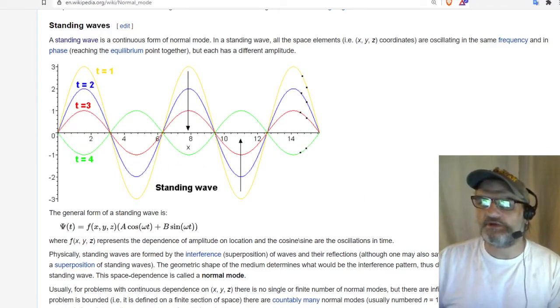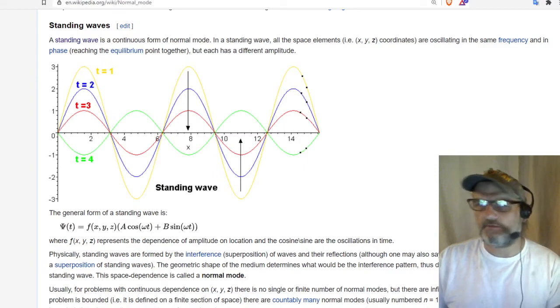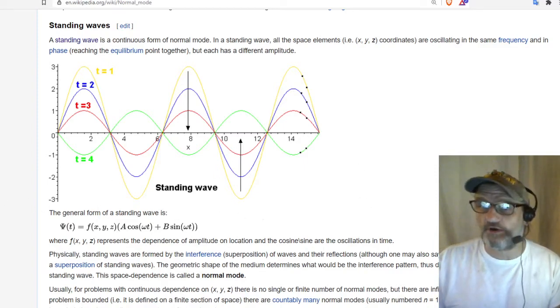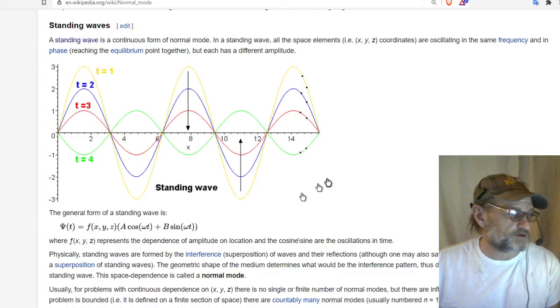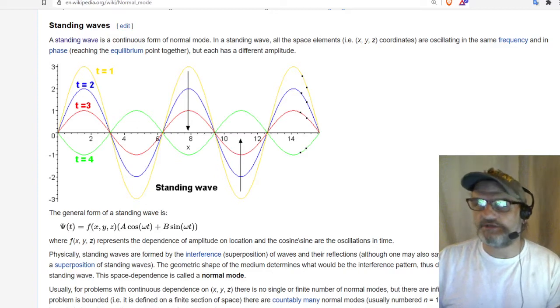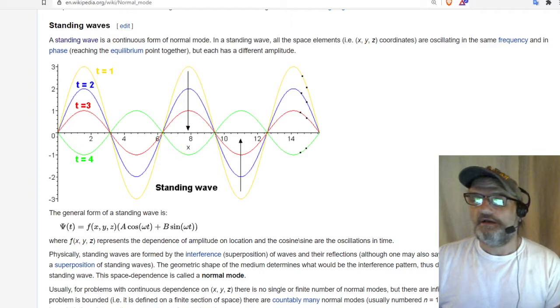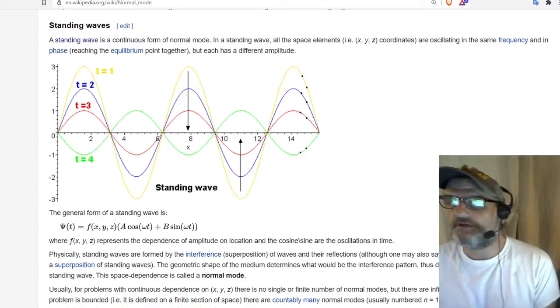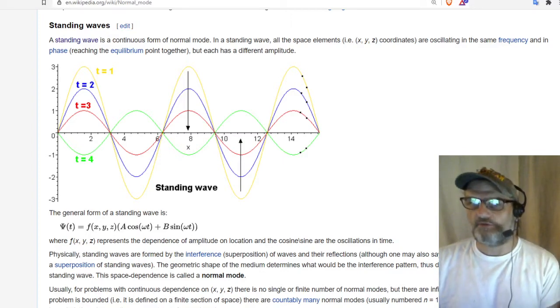So I will read to you what it says from Wikipedia. I think where I got this from is originally this article here. A mode of vibration is characterized by a modal frequency and a mode shape. It is numbered according to the number of half waves in the vibration.